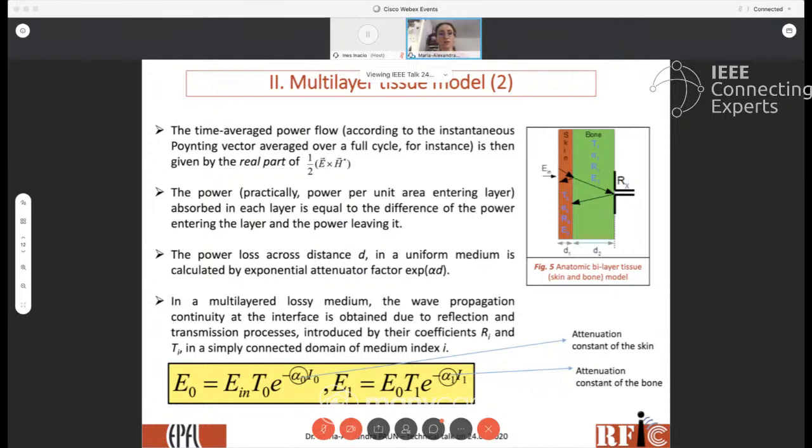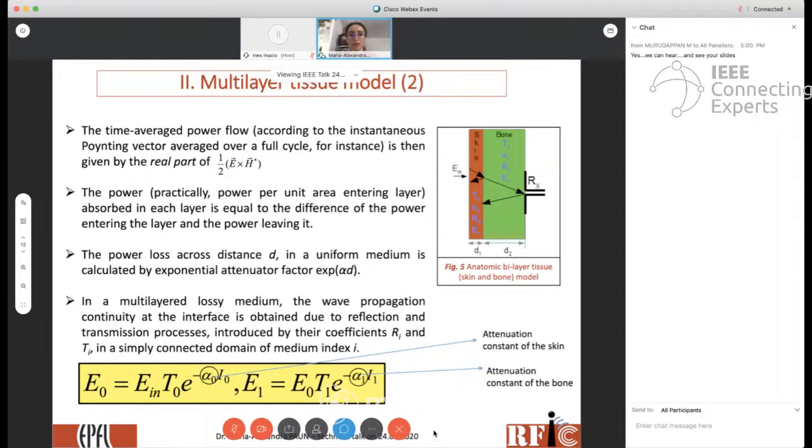And then, of course, you can have a look here at the bottom. You can have the equation governing this attenuation. So we have various attenuation constants of both skin and bone. And then one could get the exact equation for the electric field strength.